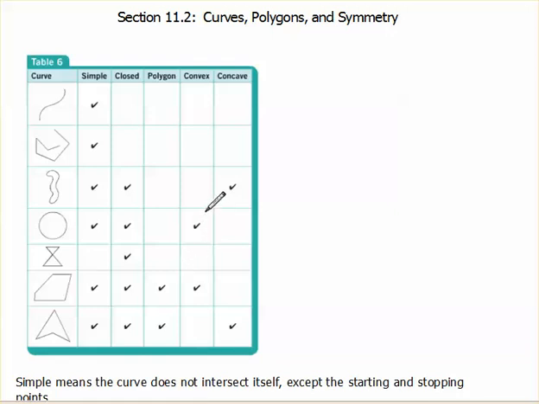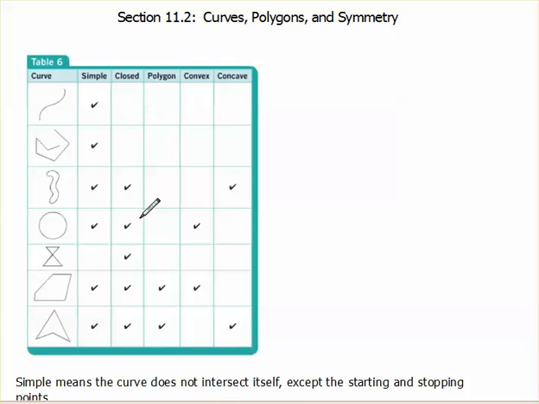Now, we can talk about things being concave or convex, but they have to be simple and closed again to begin with. If they're not simple and closed, then we can't talk about them as being convex or concave. They would just have other terms attached to them.